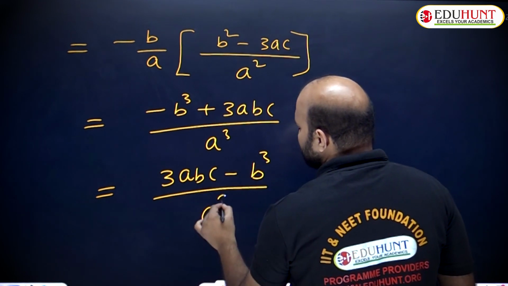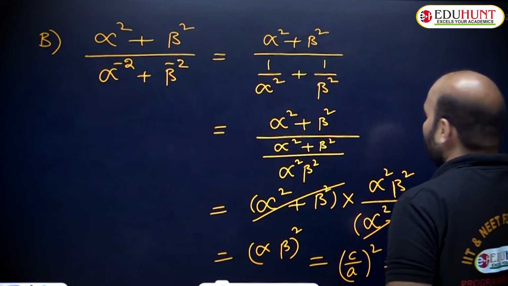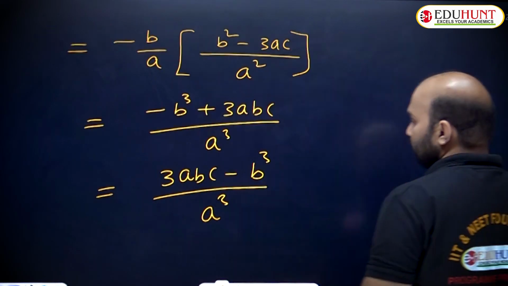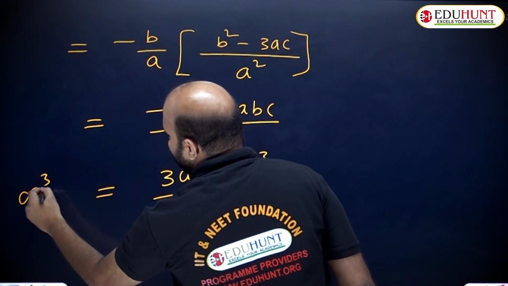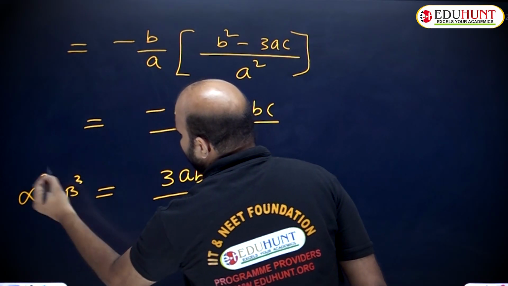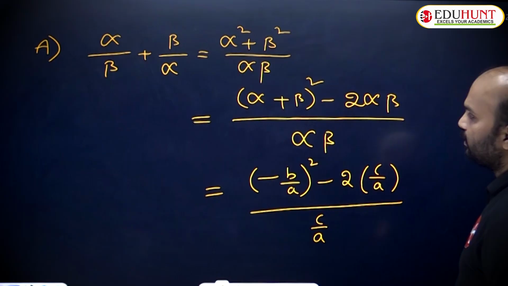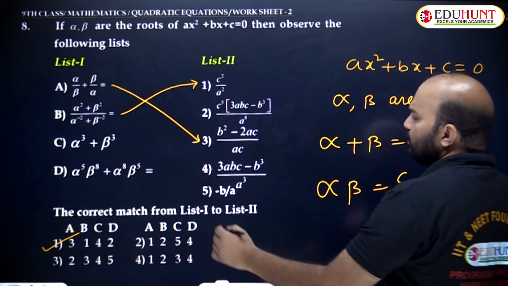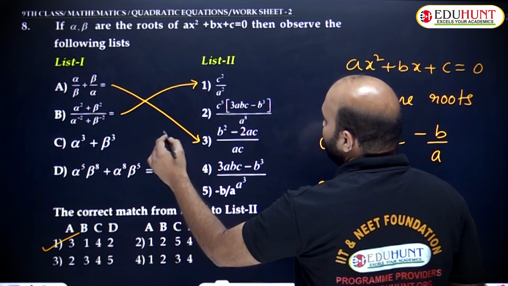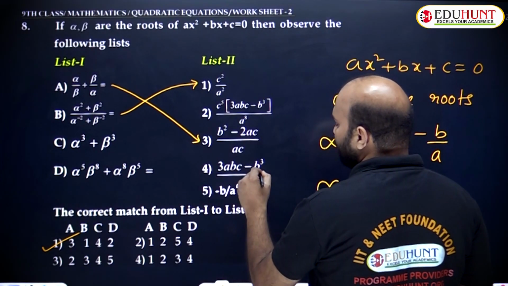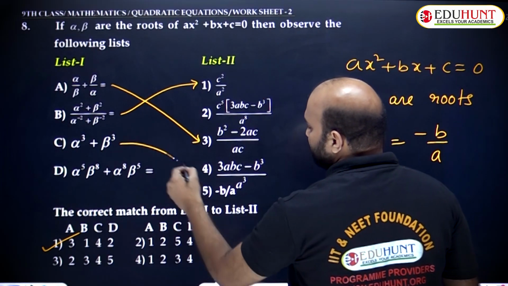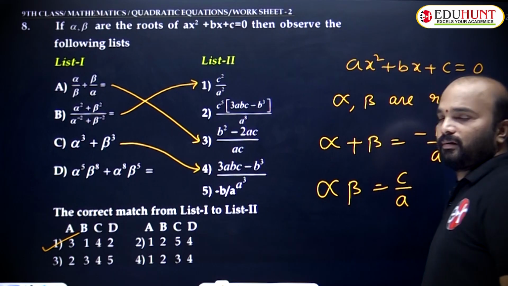Am I clear? So, that is the value of alpha cube plus beta cube. So, according to matching, C, alpha cube plus beta cube value is 3abc minus b cube by a cube. So, C is matched with 4.